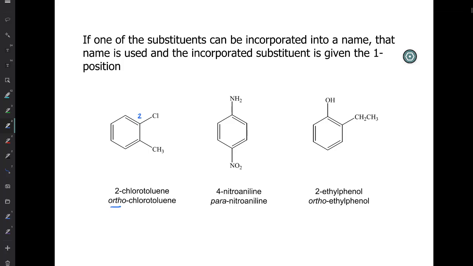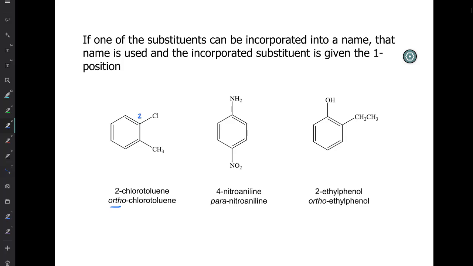Systematically, you could also name it as 1-chloro-2-methyl benzene, because methyl benzene is also a systematic name for toluene. But typically, if you can incorporate one of the substituents into the name, the methyl, to make toluene, then that's how you'll do it.